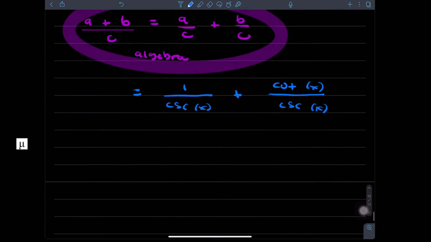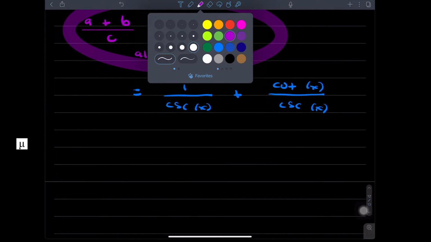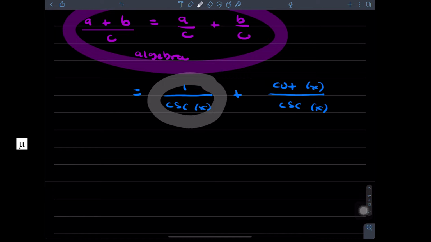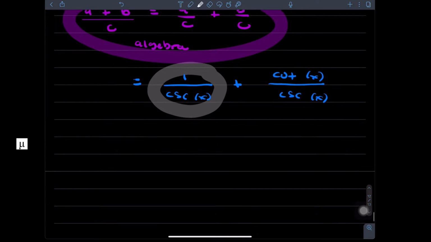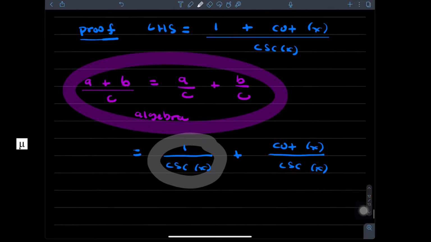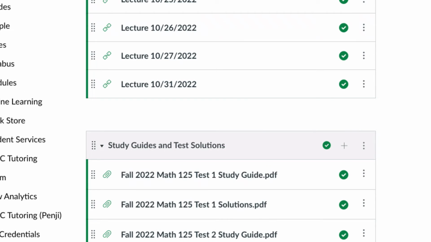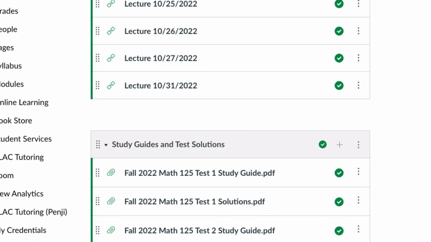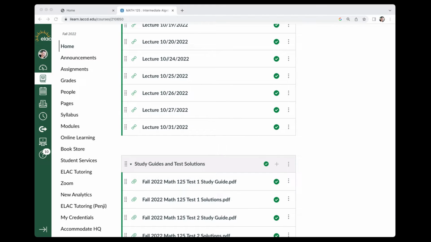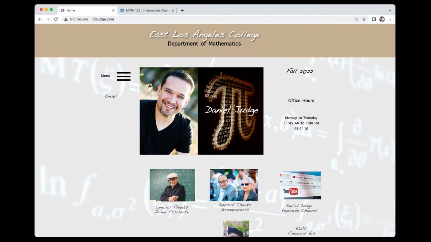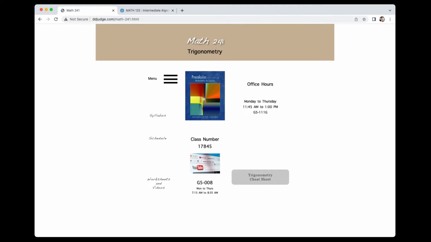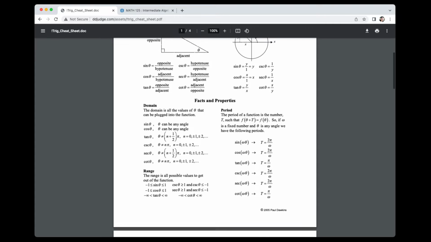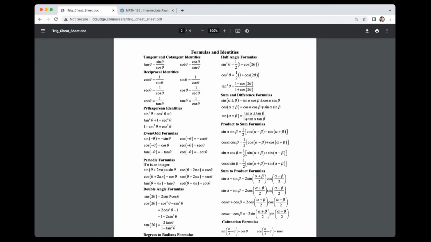Now, you say, well, what is this? Remember, we're still using what? We have to find out what these things are. We're still using those particular identities, let's find that. It's on the website here. Okay, so if I went back here, say Math 241, this cheat sheet, we still have these identities, right?